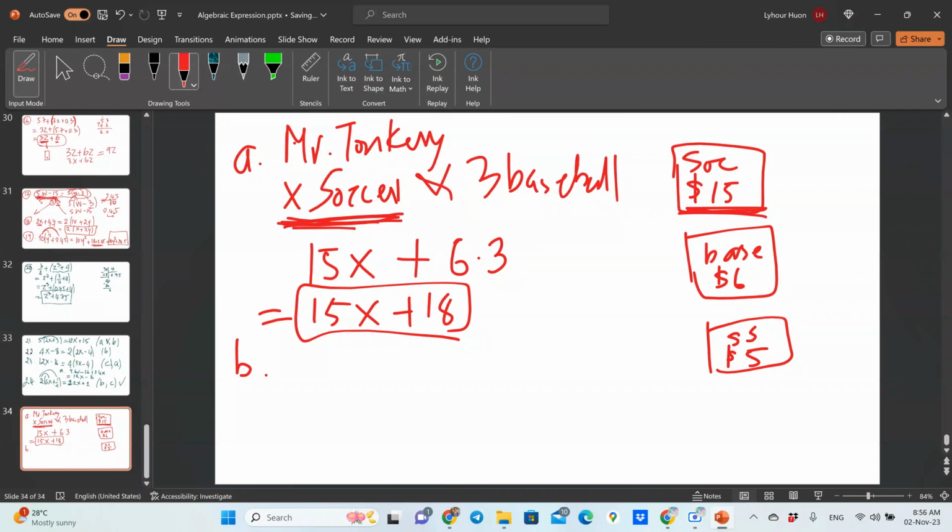They each bought a baseball and x pairs of sweatshirts. How do you write it? A baseball, meaning one baseball, is $6, plus x pairs of sweatshirts, we don't know how many pairs, but x pairs, so x times $5.